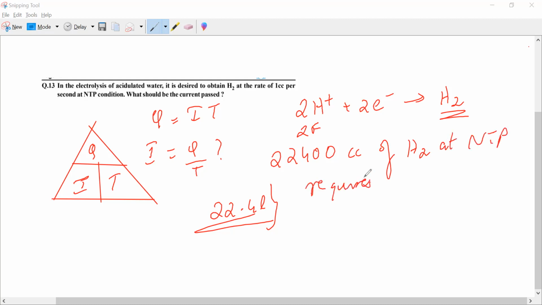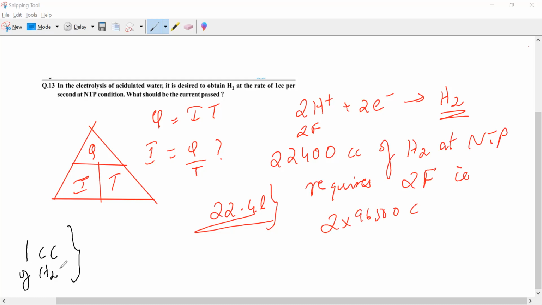It requires 2 Faraday. What is this 2 Faraday meaning? 2 into 96,500 coulomb. But the question here is what is 1 cc? So 1 cc, how much will it require? That is the question: 1 cc of hydrogen at NTP. Very easy question to do.